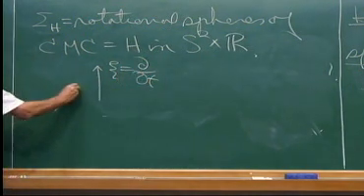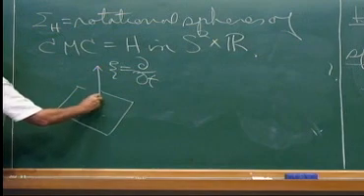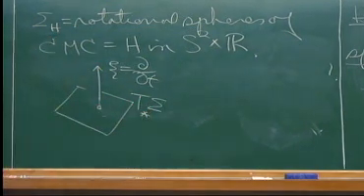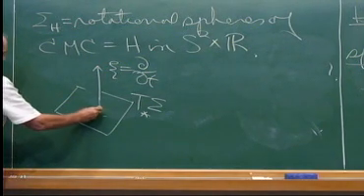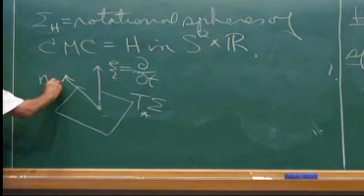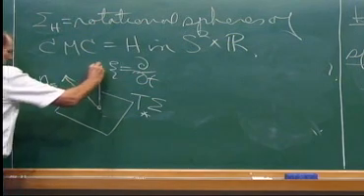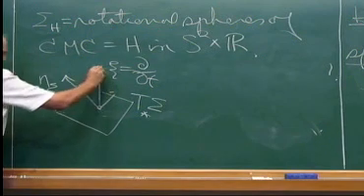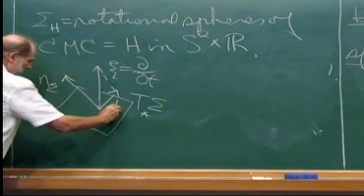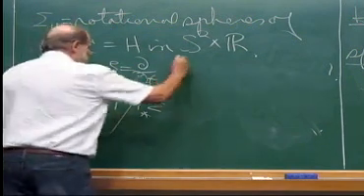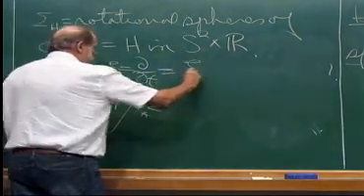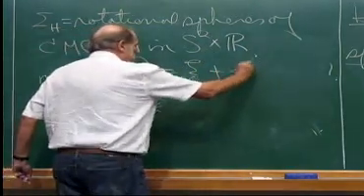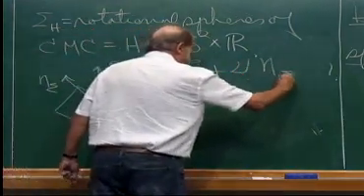If I look at the tangent space of sigma at a point, I have the unit normal vector field, n sigma, and I can project the Killing field onto the tangent plane, and I get a vector T. So I write C as equal to its tangent part T on sigma plus the angle function nu times the normal.